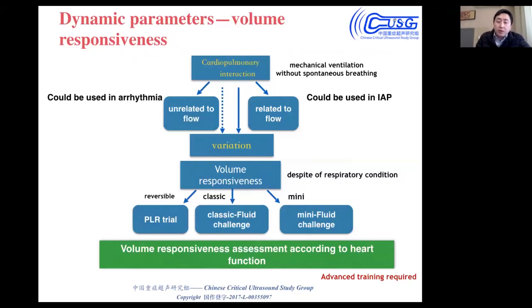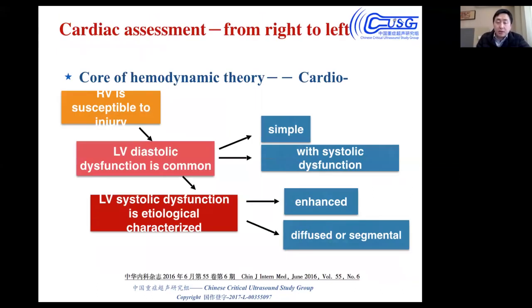This table, this picture lists the methods that we use to do the volume responsiveness assessment. We should pay attention to remembering such methods. Then the third step, we go to cardiac assessment.